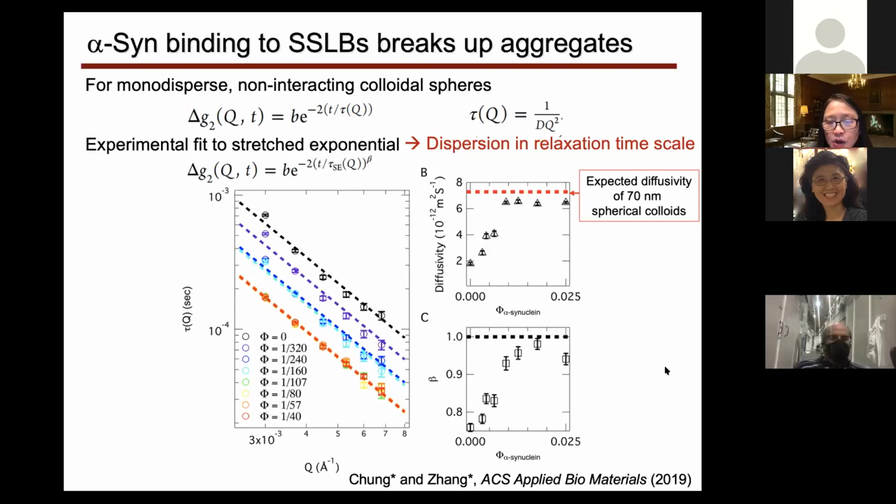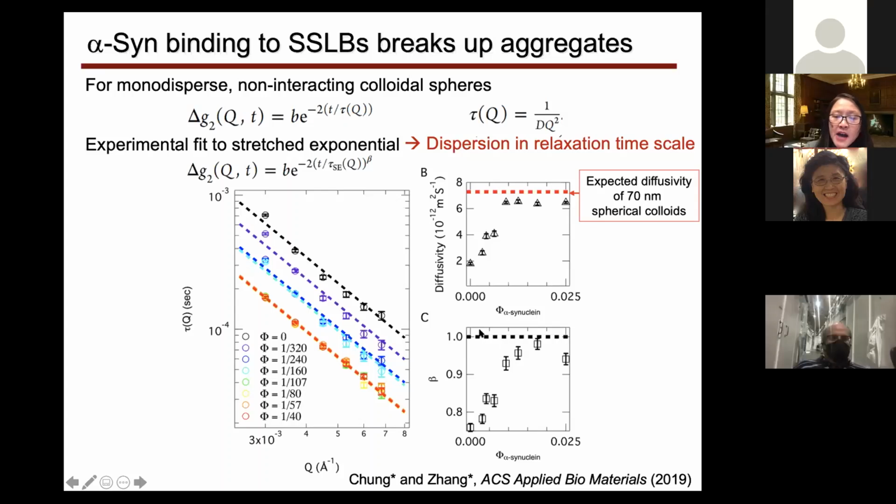But as I increase the protein to lipid ratio, what I see is that this diffusivity actually increases, and it approaches the expectation value of that of a 70 nanometer spherical object just freely diffusing itself.